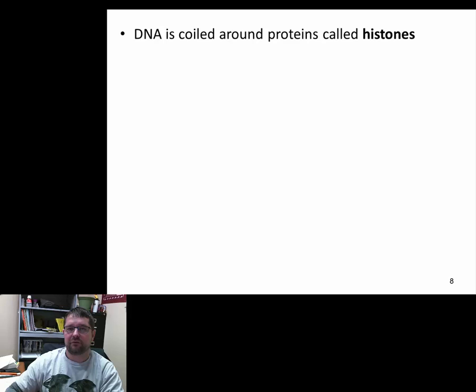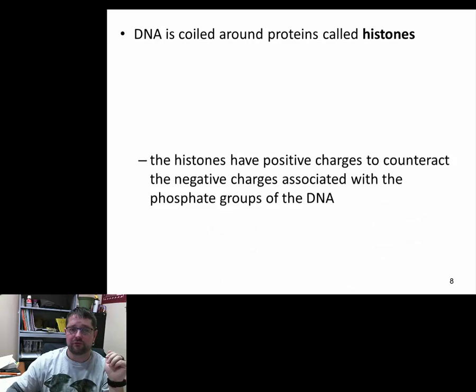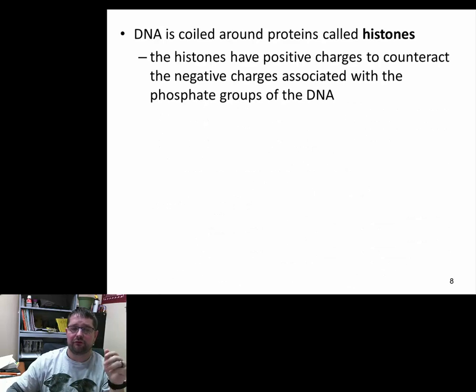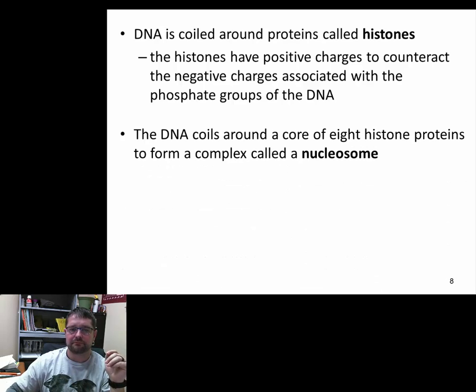Now, DNA, like I said before, and the importance of this may change in the future, we do know it's true that DNA coils around proteins called histones. Those histones have a positive charge, which is associated with the negative charge of the phosphate group of DNA. DNA coils around roughly 8 histone proteins, and that makes up what we call a nucleosome.